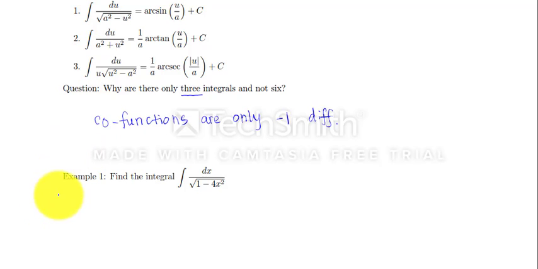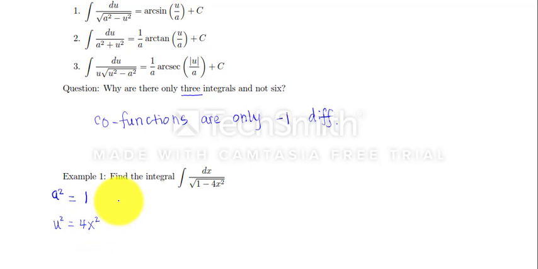In that case, we just need to identify what a squared is and what u squared is in order to apply the formula. So a is the constant, and in this case we have 1, so a equals 1, and u squared is behind the negative sign, so we have 4x squared behind the negative sign.